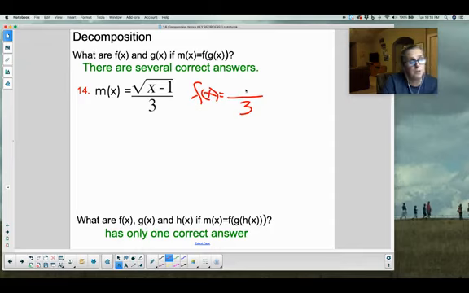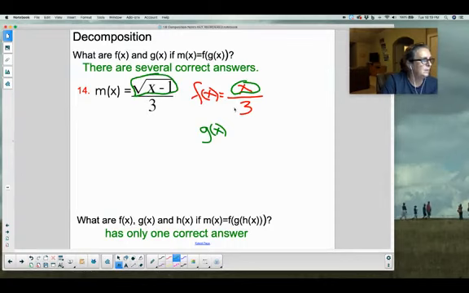What do we always call the input in these? We call it x. And then what's the inner function? If I strip away divided by 3, I'm left with my g of x. So my g of x must be what was in the top of this fraction, all of that. It's the square root of x minus 1.